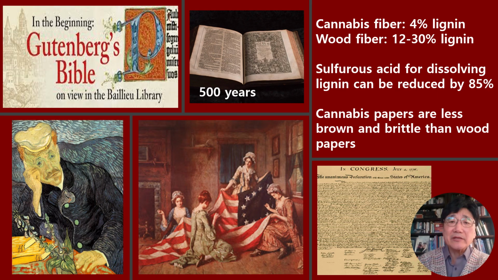Now, let's look at some examples of hemp use in modern times. Cannabis fibers have been used for similar purposes. In addition, the world's first Bible and the Declaration of Independence are also written on cannabis paper. They are well preserved after 500 to 250 years, respectively.